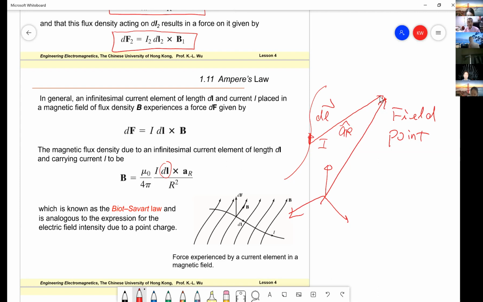So the magnetic field direction is very clearly defined according to the cross product of vectors: dL cross R. Current direction crossed with the distance vector, the thumb points to the magnetic field. This easily explains a coil.